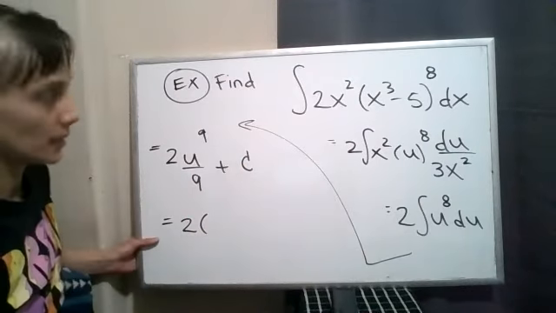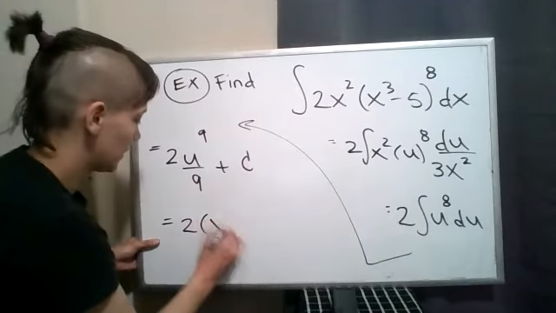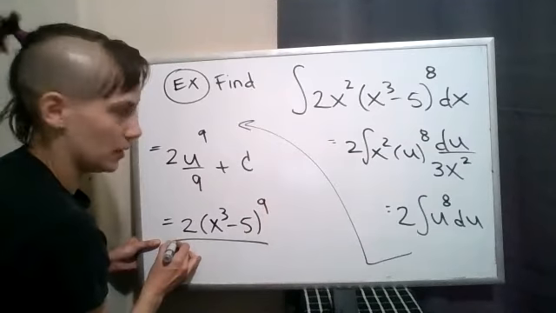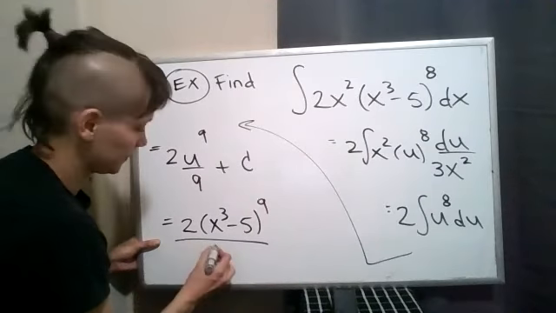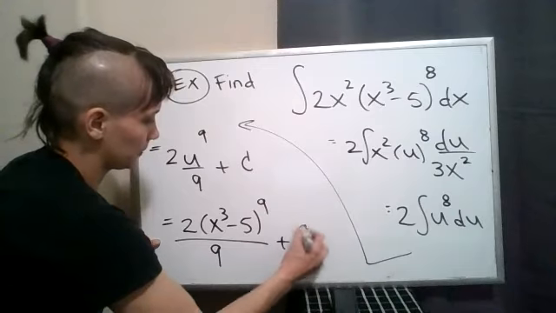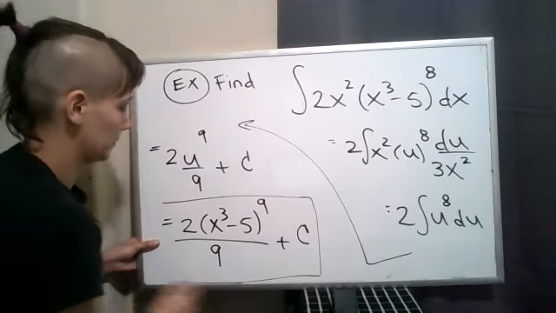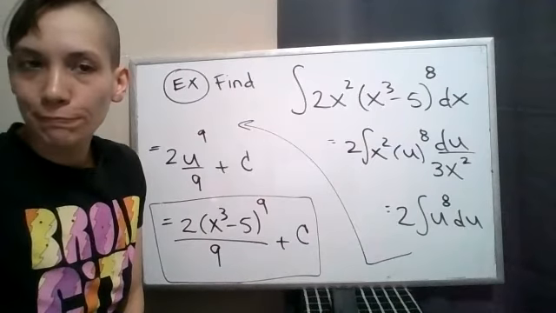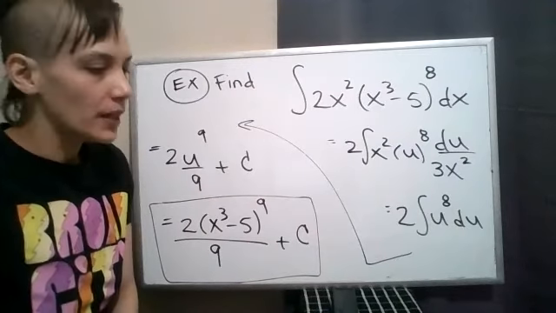Two times x cubed minus 5 to the power 9, over 9. That's good enough for now.